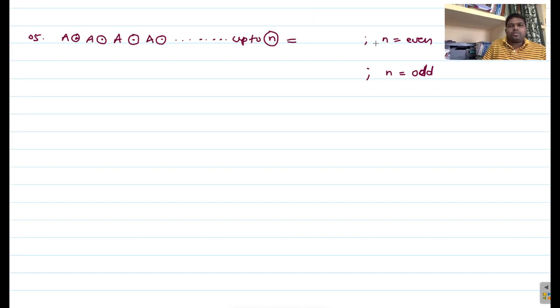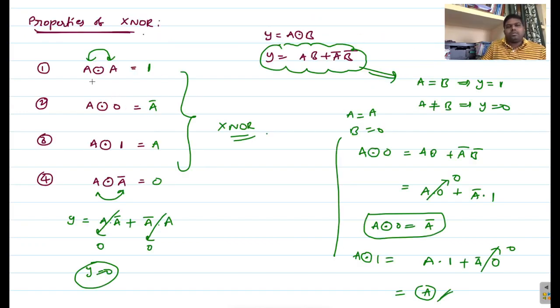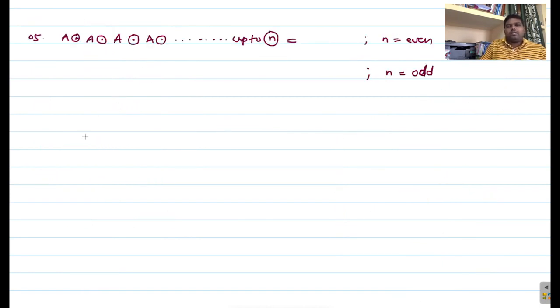If n is even, I already told you in the previous example, A XNOR A equals what? 1, right?